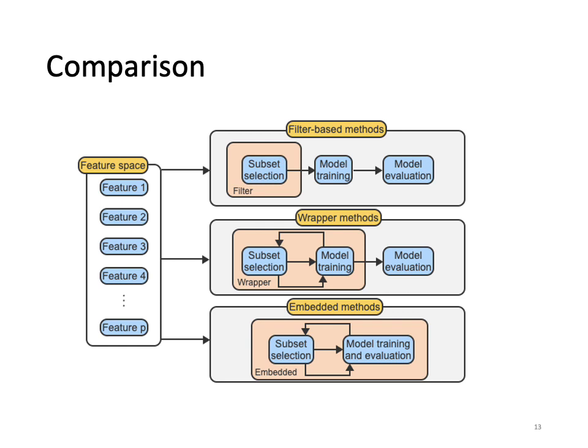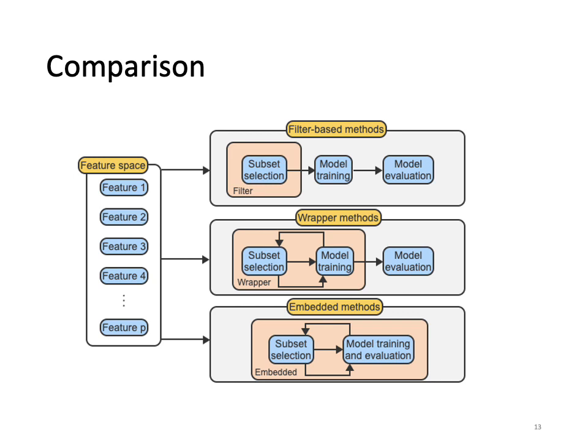Wrapper methods follow an iterative approach that loops between subset selection and model training. You select a subset, train your model, get a score, compare it, and then you select another subset, train, get a score, compare, and so on.